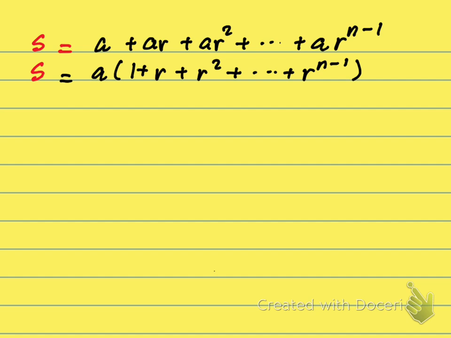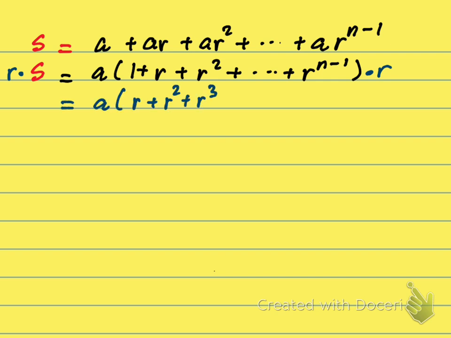The next step is we are going to multiply this sum by the common ratio r. So on the right side, we have this expression multiplied by r. On the left side, it's going to be r times s. So r is the common ratio, s is the sum of all these terms here.